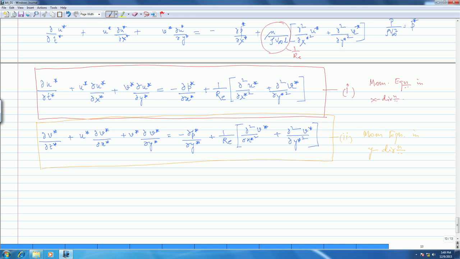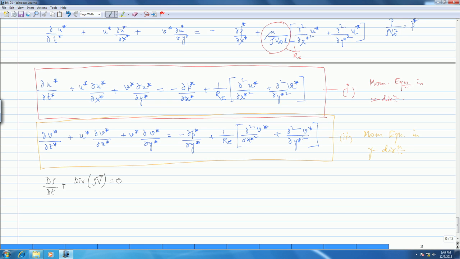So, along with this, we also need the continuity equation. What is the continuity equation as we know it? The continuity equation is nothing but d rho dt plus divergence of rho v is equal to 0.